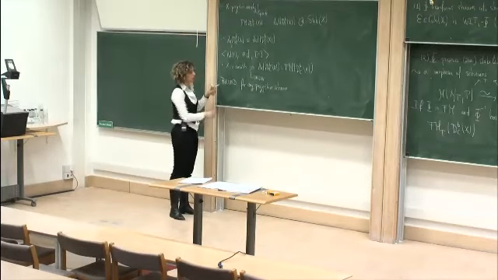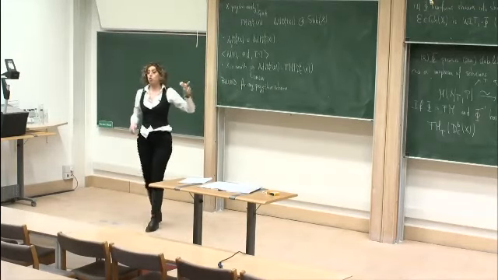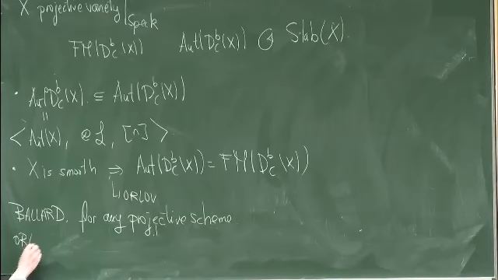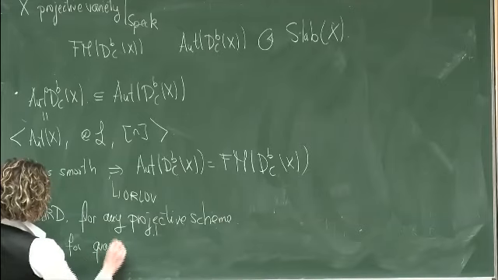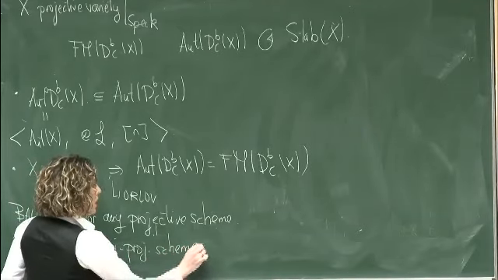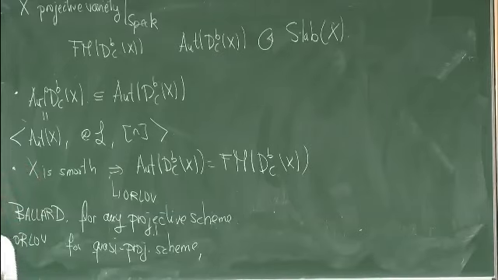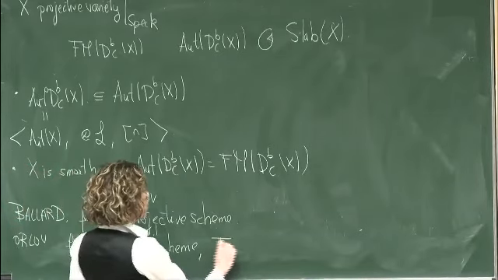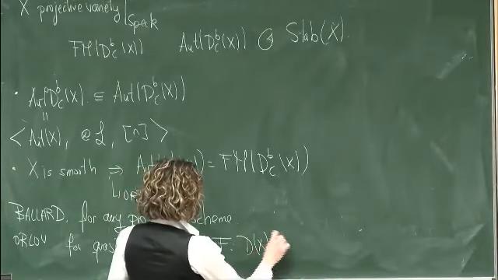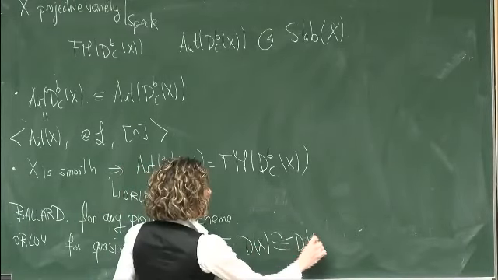functors. For non-projective schemes, there is some result by Orlov, some work also for quasi-projective schemes. But it's not clear, in fact. Orlov proved that you have an equivalence of the whole category from DX to DY.